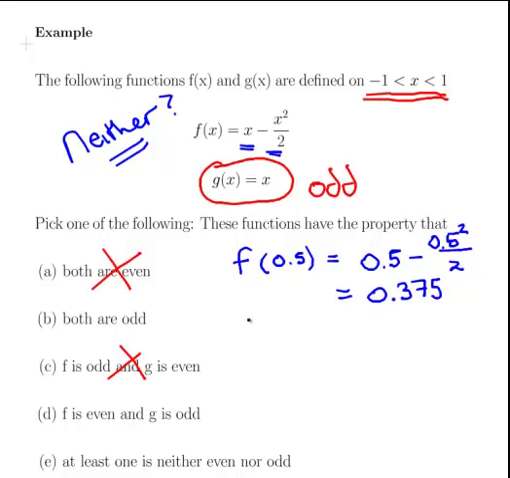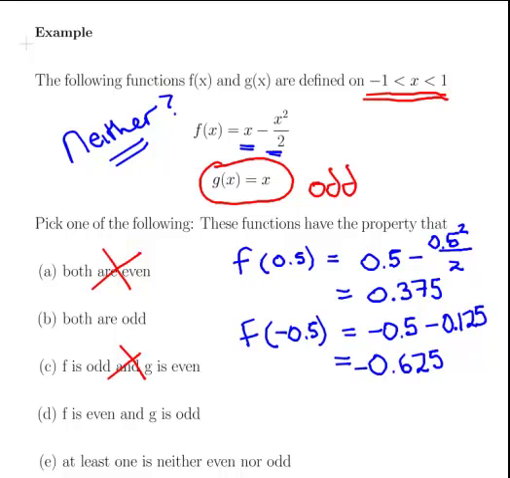That's just a bit of calculator work. f of minus 0.5 equals minus 0.5 minus 0.125, and that is equal to minus 0.625.